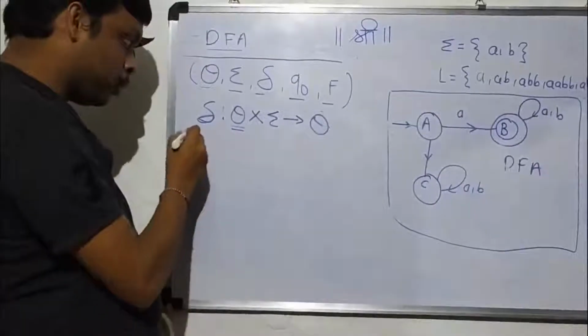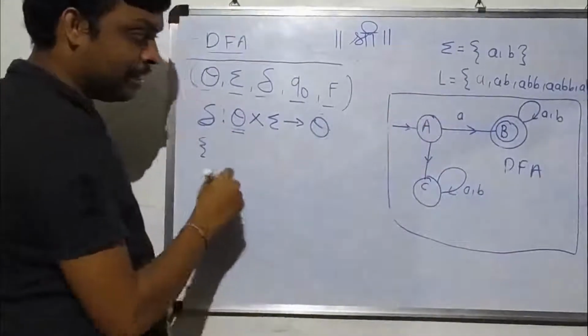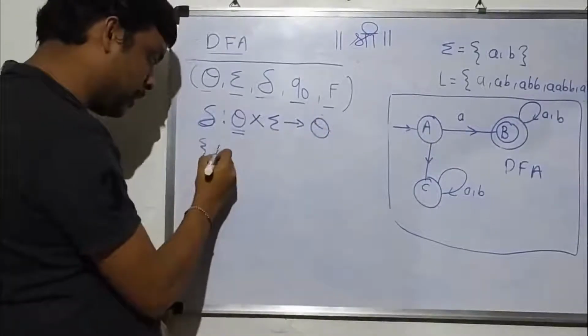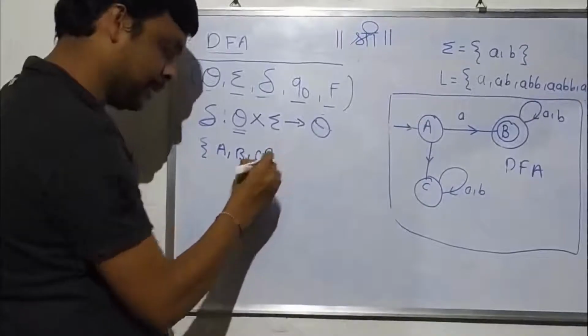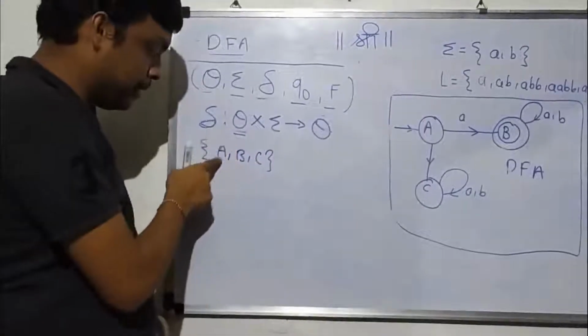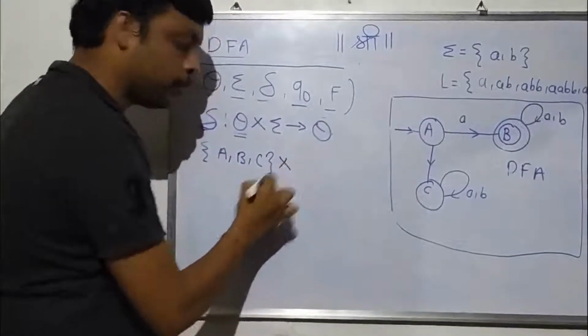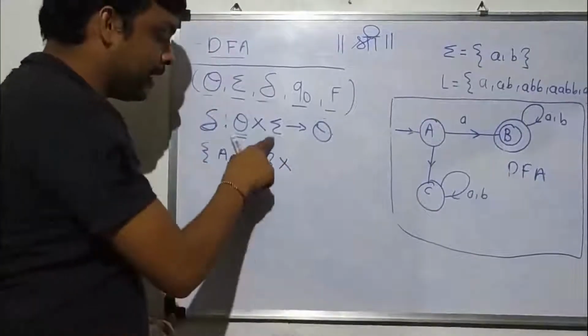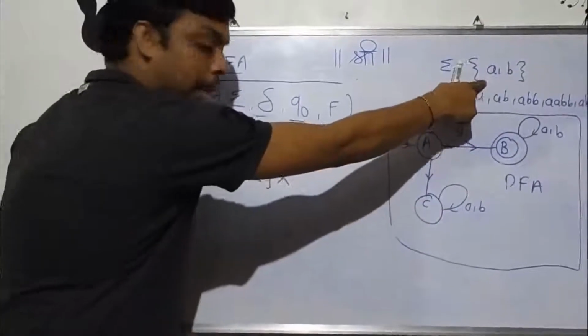What are the values of Q for this example? How many states are there? Three states: A, B, C. This is the value of Q for this example. In between we have taken the cross product, and then the input alphabet sigma for this example has the value A comma B.